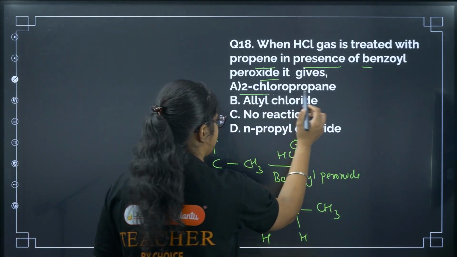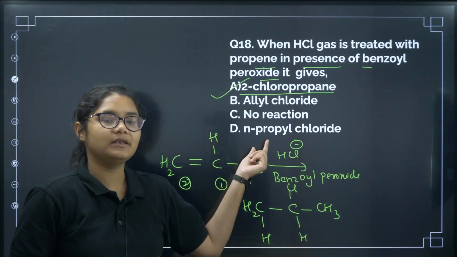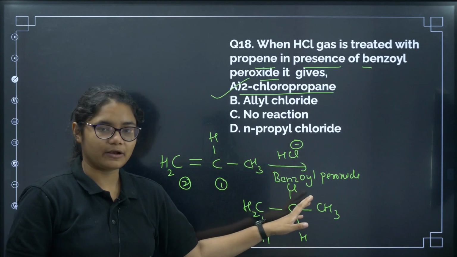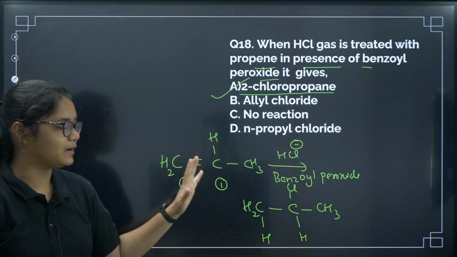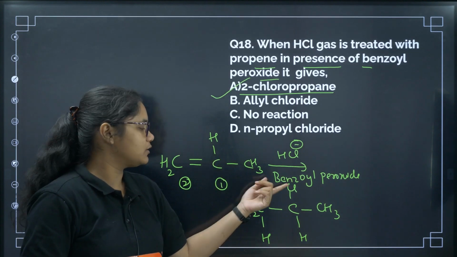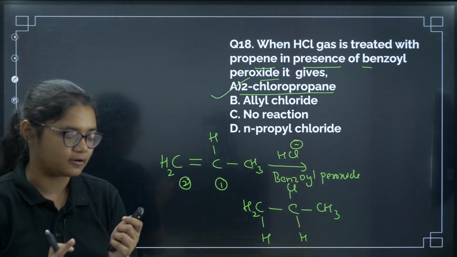This is 2-chloropropane. So the correct answer is option number A. Now if this one would have been HBr, then in the presence of peroxide we will get 1-bromopropane. But HCl and all others do not give this reaction, it is applicable only for peroxides with HBr.